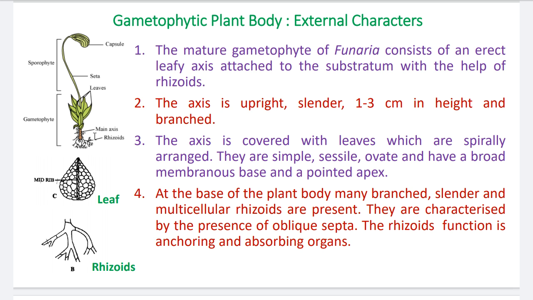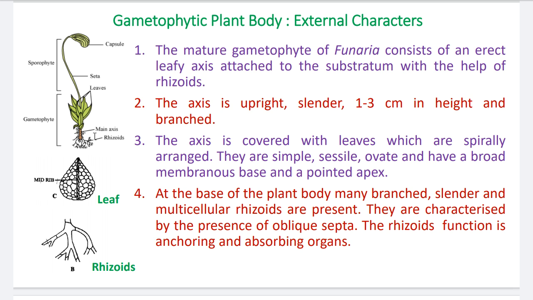The function of rhizoids is anchorage and absorption. It is an absorbing organ, meaning absorption of water and minerals. Anchorage means it can fix to the substratum so that it can give mechanical support to the plant body.